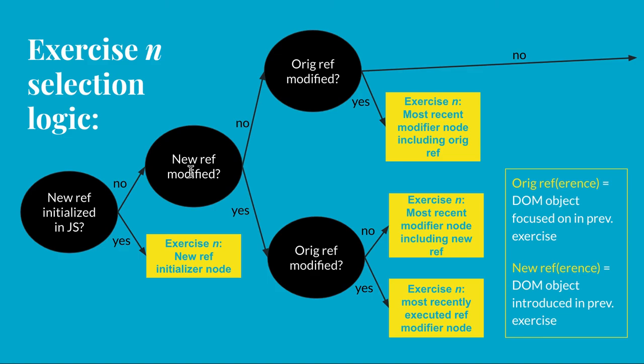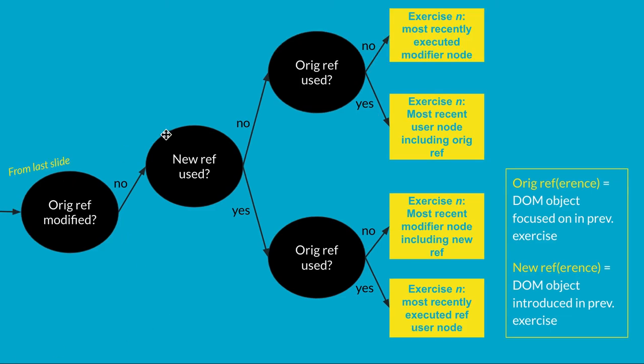But if both the new reference and the original reference were not modified, then we're going to check the use nodes related to both of those. This is the same decision tree that we just saw for new ref, original ref modification, but just for use. We're doing the same checking, but now we're thinking about uses, not modifications.